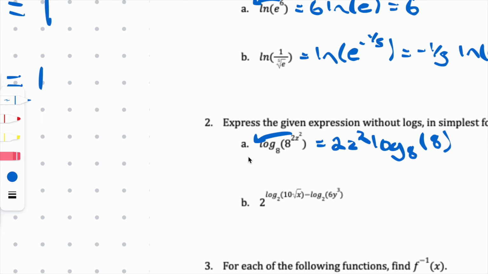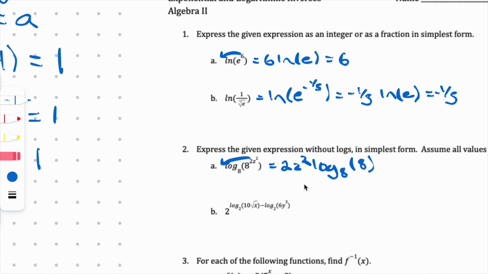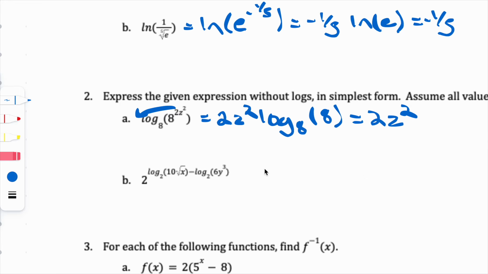And when we have a logarithm with the base being the same as the argument, we know that that's equal to 1. And so this is just equal to 2z squared. Perfect.